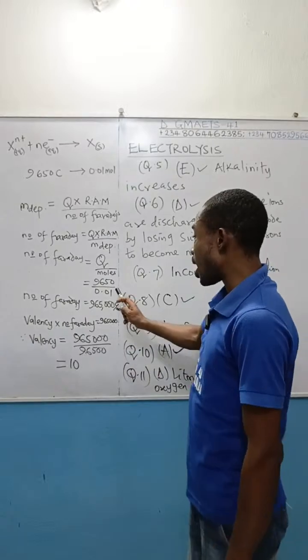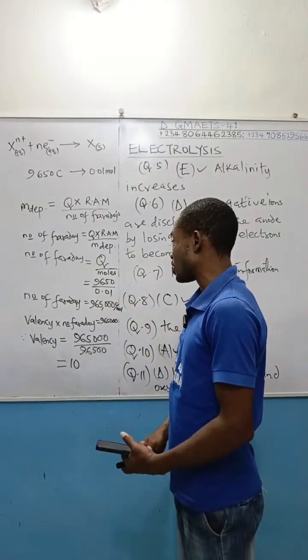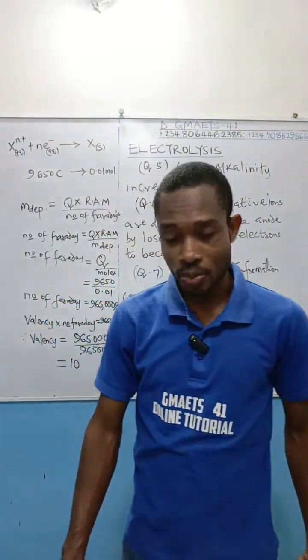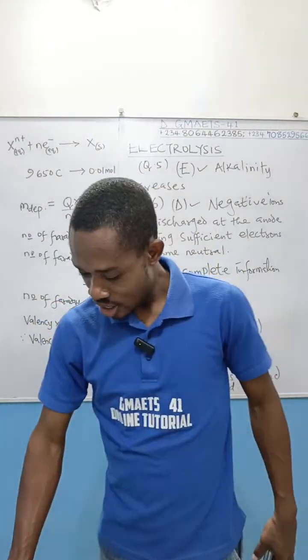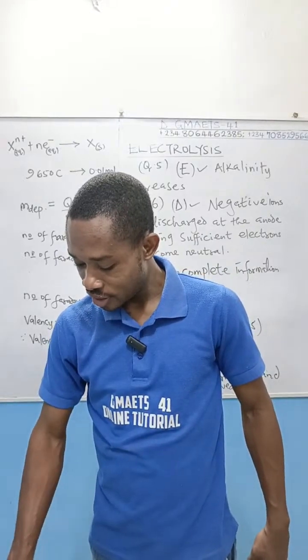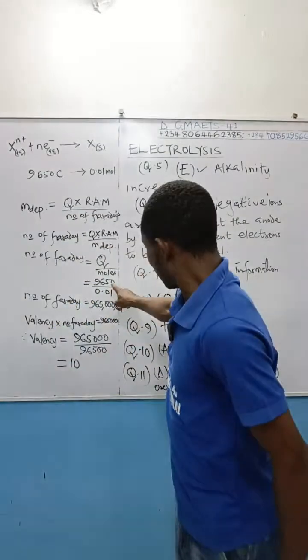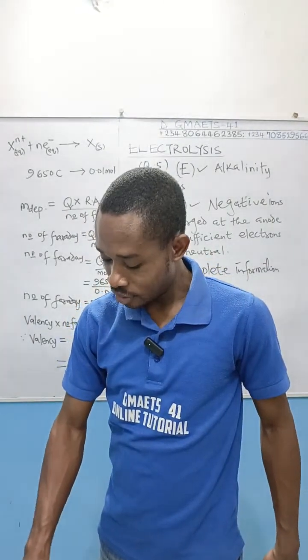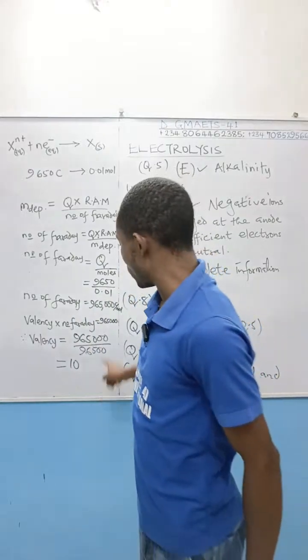So I guess perhaps this might be 0.1, not 0.01. Who knows? It might be 0.1 that group 9 wanted to give to us. Let's check. 9,650 divided by 0.1 gave 96,500 to be this value.